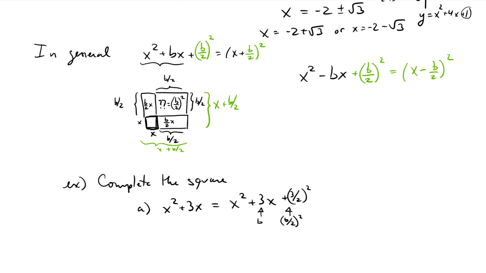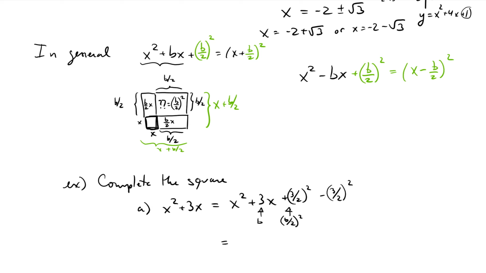Okay. Now to make this work, right, I've added 3/2 squared, so I'm going to subtract 3/2 squared just to make this equation valid. Otherwise, if I don't put this, I've added something on the right hand side and it's not equal anymore. So I'm just going to subtract it like that to make it equal.